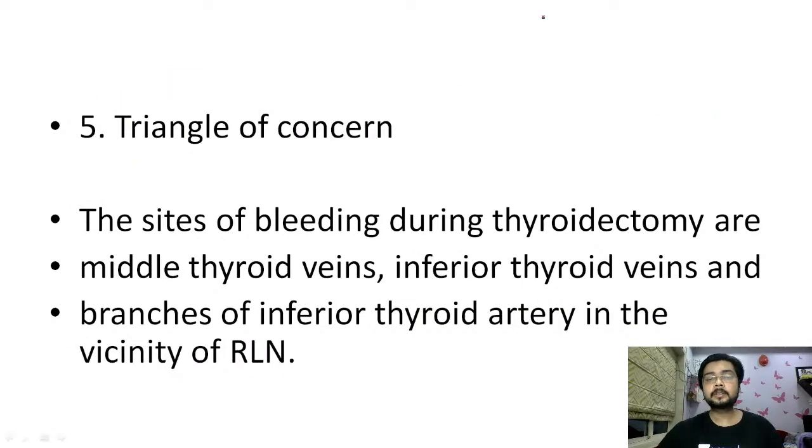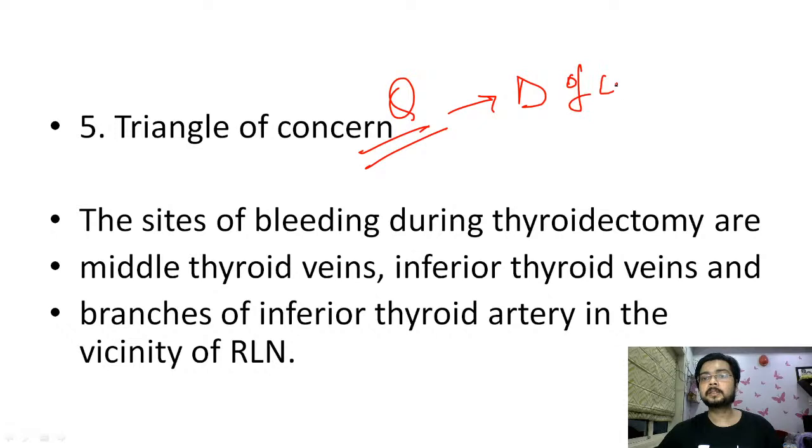Now there is one more triangle which is of concern for the surgeon, and that is why it is called the triangle of concern. Why is it called the triangle of concern? Because the risk of bleeding is very high in this triangle. Why high?